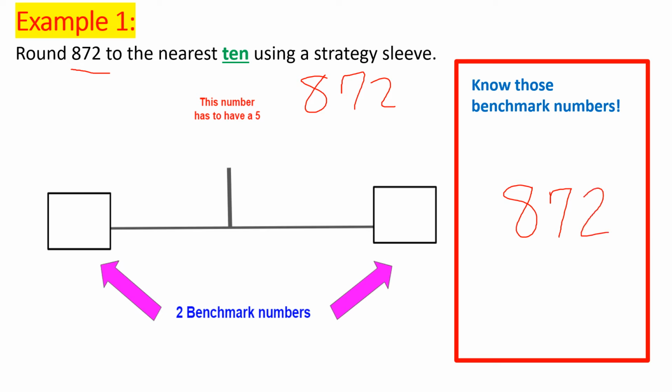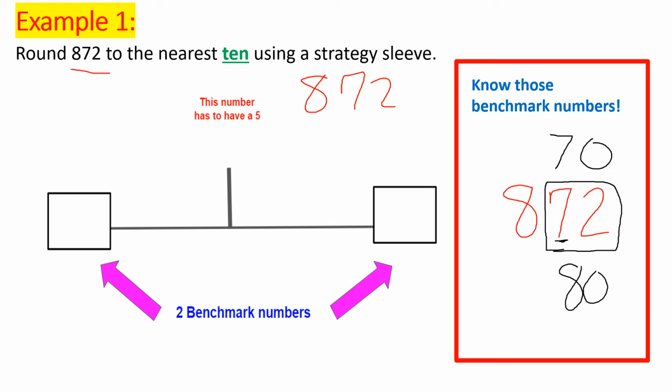Now remember, I'm rounding to the nearest 10. So the important thing is I need to concentrate only on the tens place. Do you see that? I notice that I've got a 7 right here. So that means that I'm between 70 and 80, right?